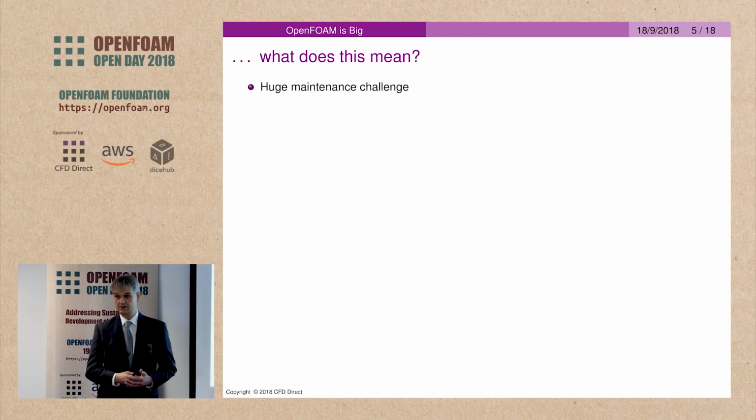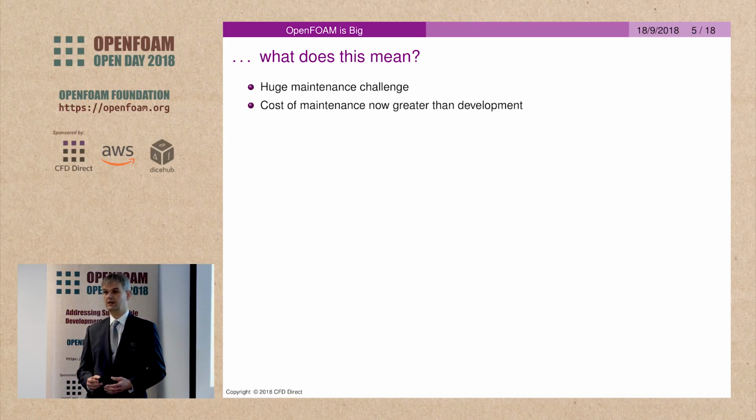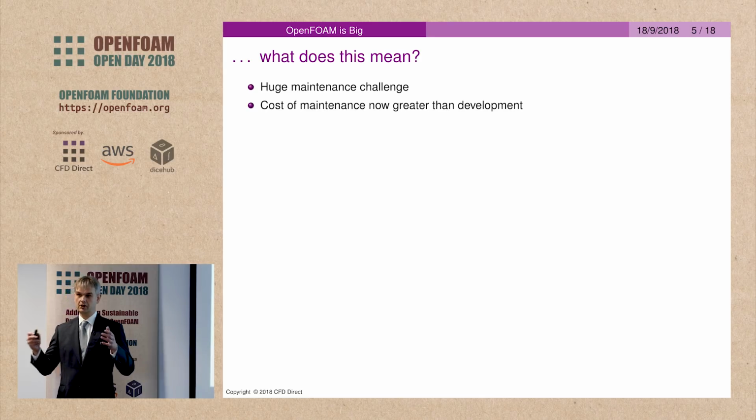But what does this increase in size mean? The big problem is maintenance. Development is no longer the big challenge here. Adding code to it isn't the big problem. It's handling those developments within the context of a large code, making them fit and making the code reliable.